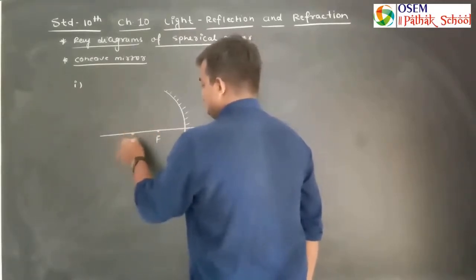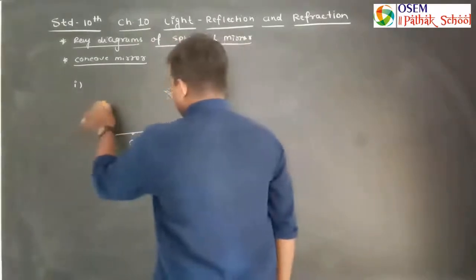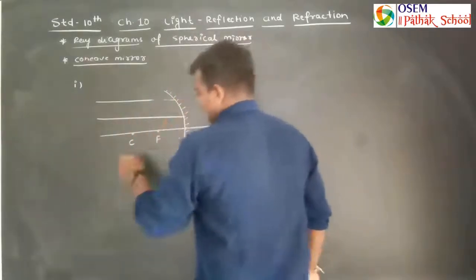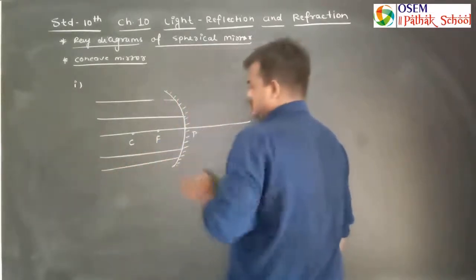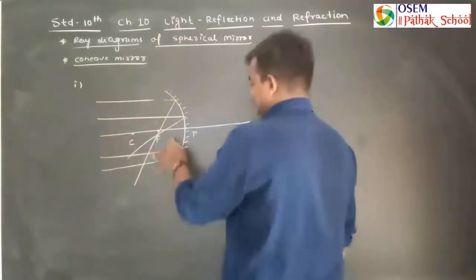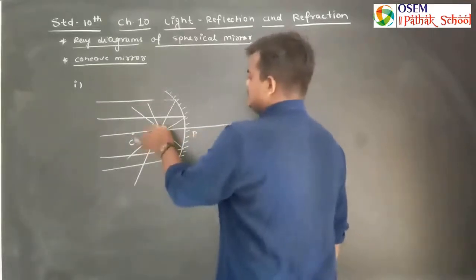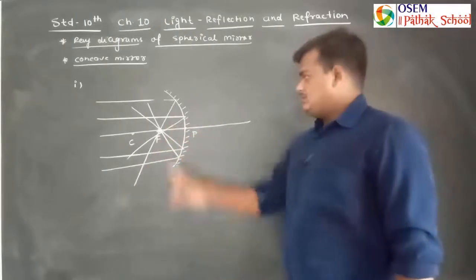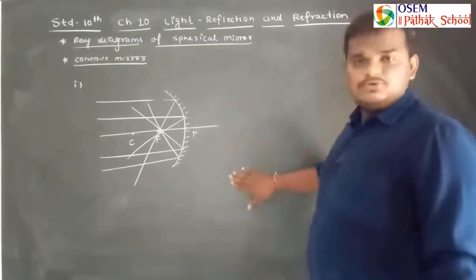This is the center of curvature C, and this is our pole. The ray coming from the infinite distance, after being reflected, passes through the principal focus, which means all the rays meet at F. This is the first ray diagram given in your textbook.